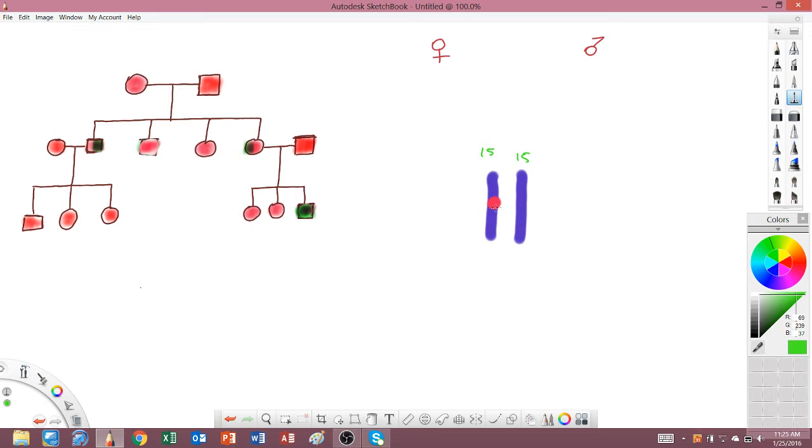One copy deleted, one normal. No disease, this is what? Autosomal recessive, right? If there's no disease, it's normal. But for autosomal recessive, both copies must be deleted. If one copy is deleted and the other one is normal and you get a disease or symptoms, it's autosomal dominant.